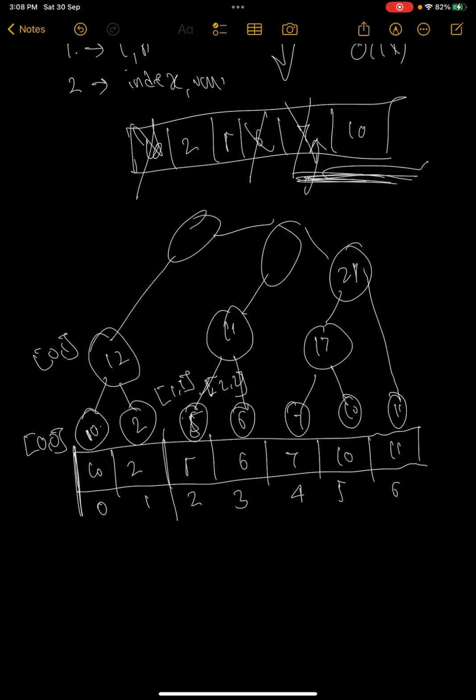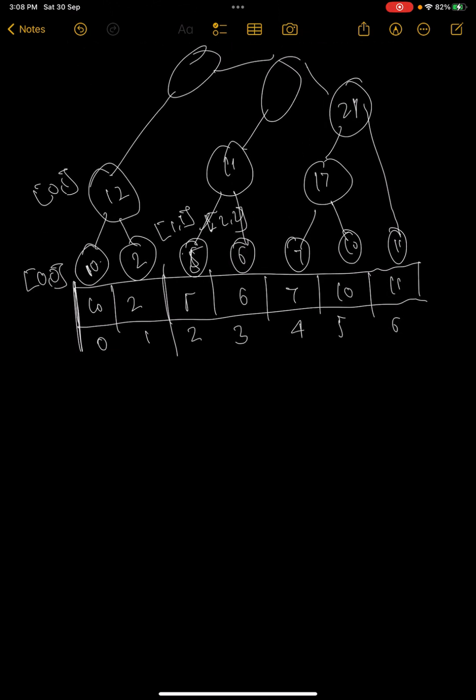So this is the tree which we can make by pre-computation, and by mathematics we can prove that the total number of nodes in this segment tree will be approximately 4n, where n is the size of our array.